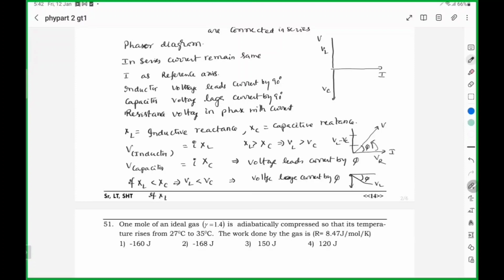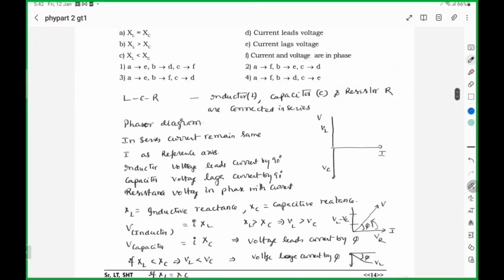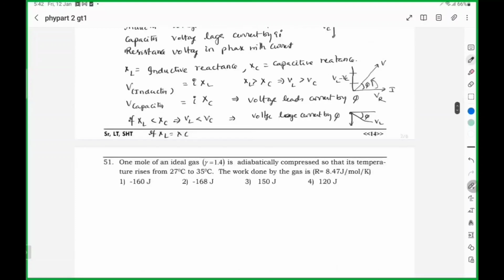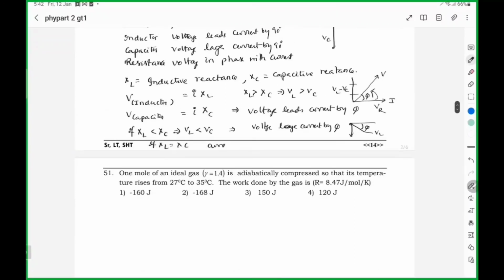If XL is XC, so current and voltage are in same phase.